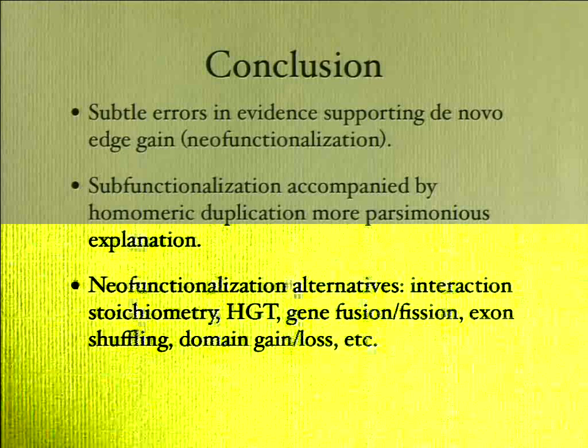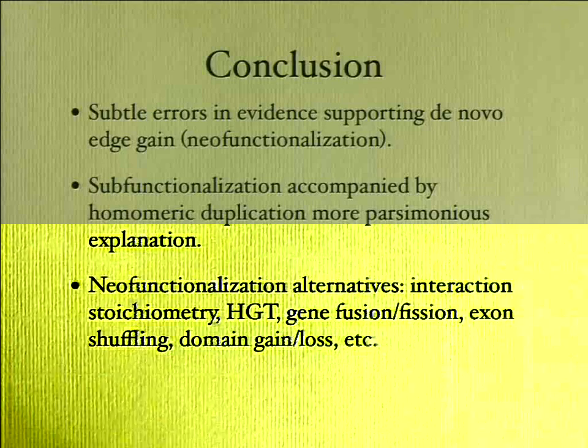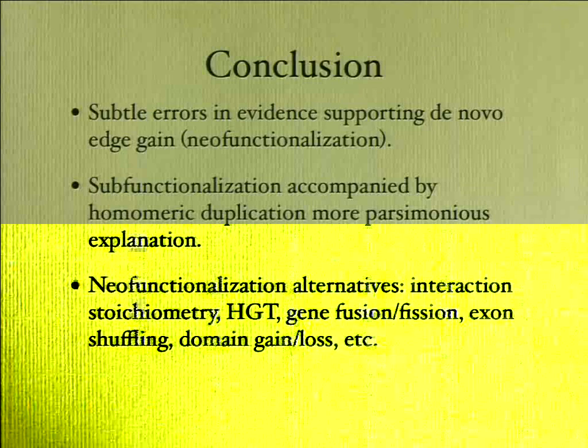I think there are a lot of mechanics that have been underanalyzed at this point, that could be incorporated into our models and would be relevant and produce neofunctionalization, such as changes in binding affinity and horizontal gene transfer, gene fusion, fission, and so on and so forth.